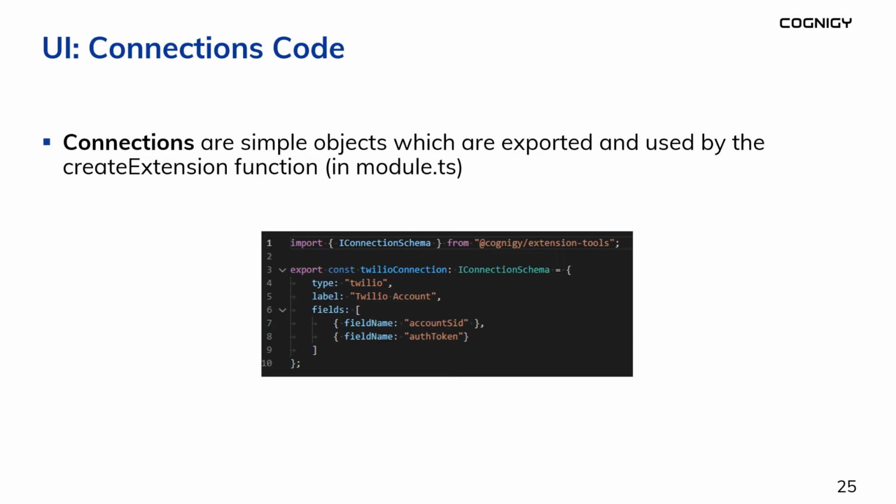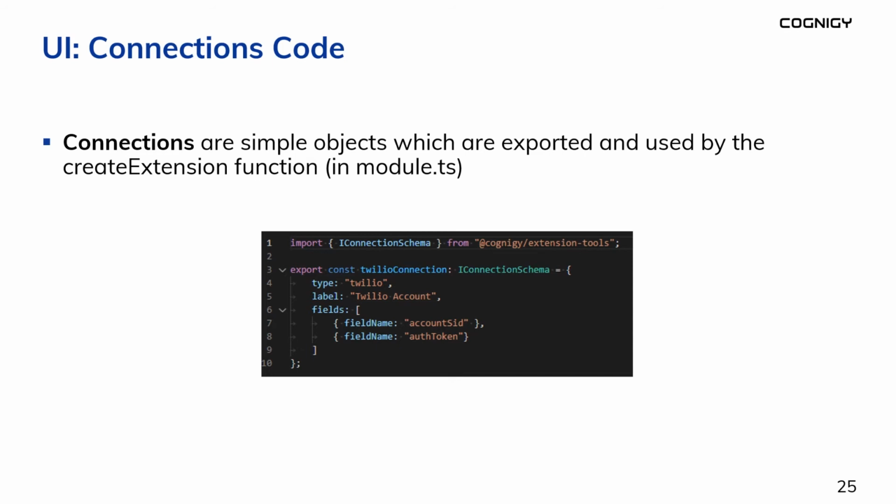So it has a type, and this type is important, right? The type is the parameter that lets you share them across nodes. So you could have several nodes, for example, in your Twilio extension, send SMS, place call, things like that. And all of them are using the same type of connection. They're all using a Twilio connection.